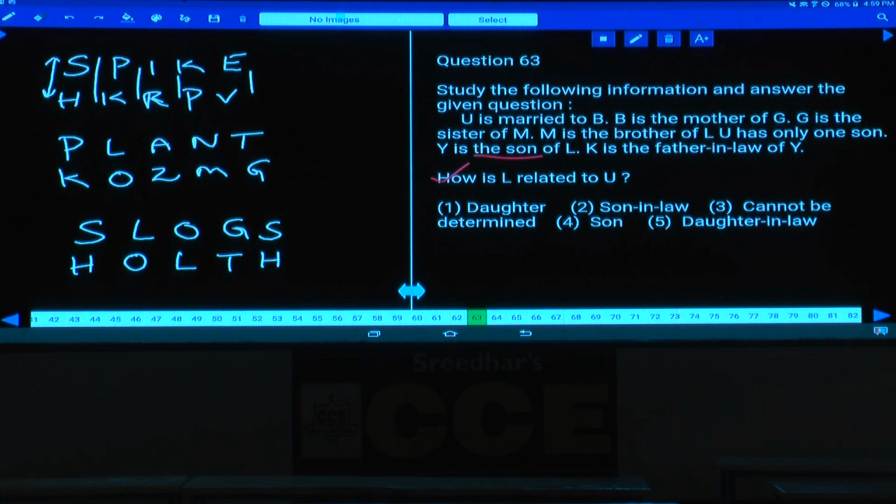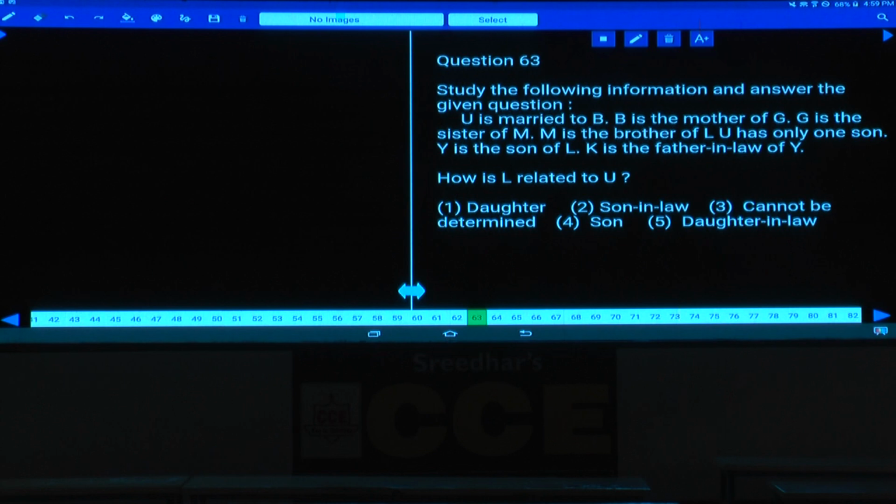Then 63 to 65 are based on blood relations. U is married to B, so U and B are a married couple. B is the mother of G, so U is the father of G. G is the sister of M. M is the brother of L. U has only one son, that is none other than M, and G is the daughter.